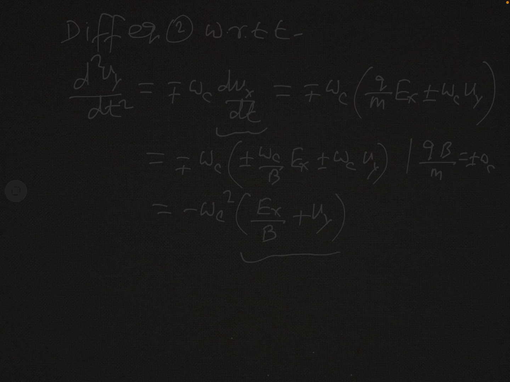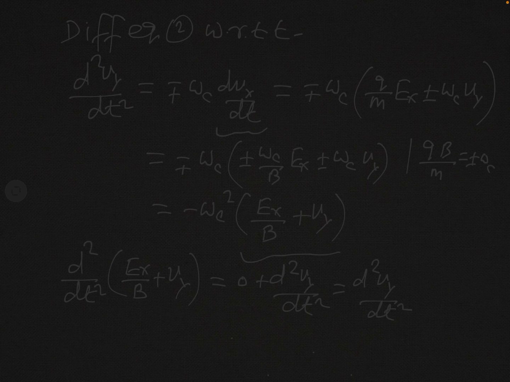So we can write d2 by dt square of Ex over B plus Vy. This will be equal to 0 plus d2 Vy by dt square. That is, this is simply d2 Vy by dt square.